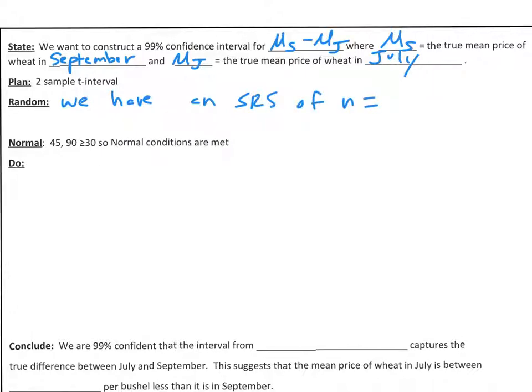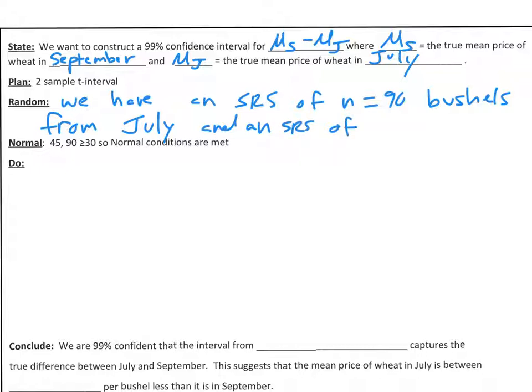We have an SRS of 90 bushels from July, and an SRS of n equals 45 bushels from September.